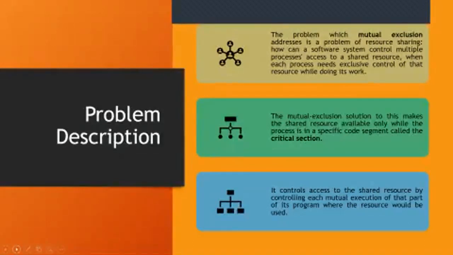When the process enters the critical section, mutual exclusion is the only solution given to avoid the problems. It controls access to the shared resource by controlling each mutual exclusion of that part of its program where the resource would be used.